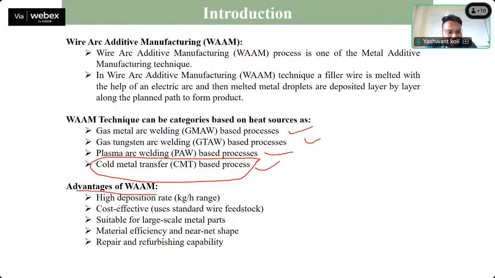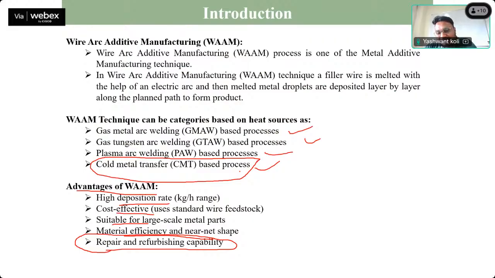So the advantages are high deposition rate, cost-effective method, suitability for large-scale metal parts, material efficiency, near net shape product, and repair and refurbishing capability. This is very important. Nowadays, if we are fabricating turbine blades, there may be problems like pitting corrosion in the blades.